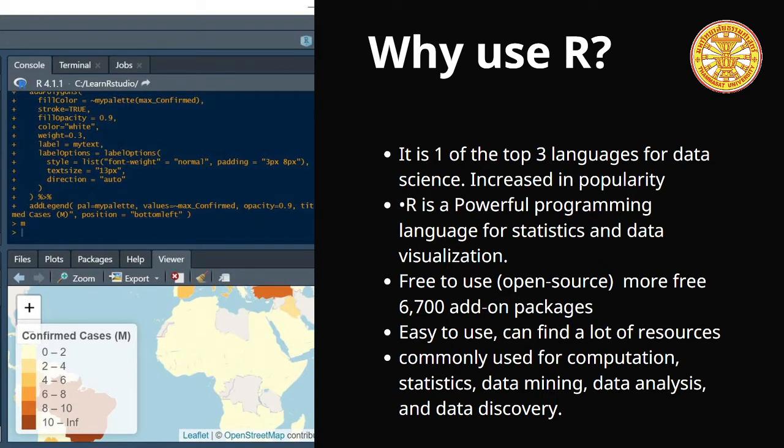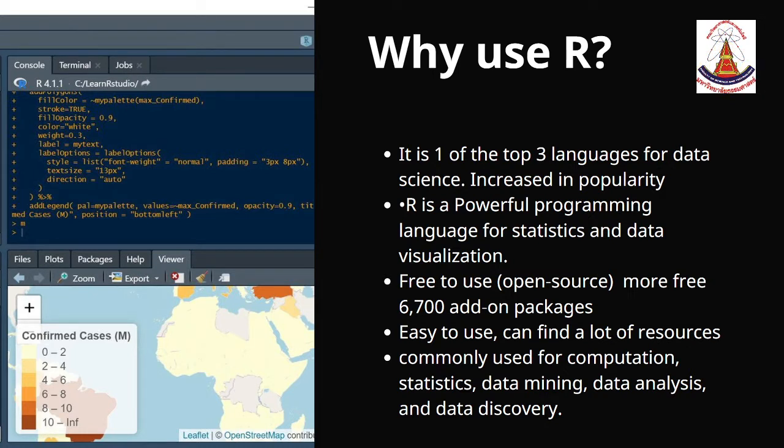Also, now it is very famous for data visualization, and it is free to use. It's open source, with more than 6,700 add-on packages shared with everyone in the world.